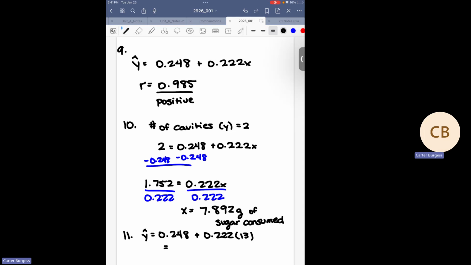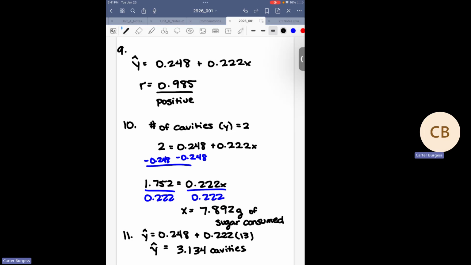And what he has found is that we have 3.134 cavities, or we would expect our estimated value for number of cavities would be 3.134. Now, of course, 3.134 is not really a good number of cavities that we would predict.